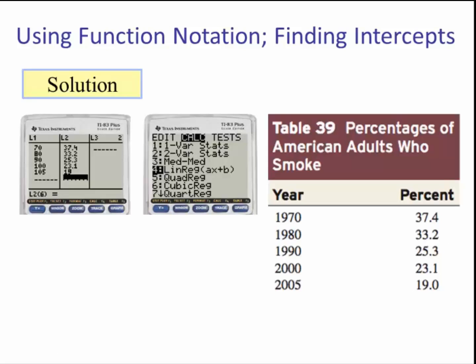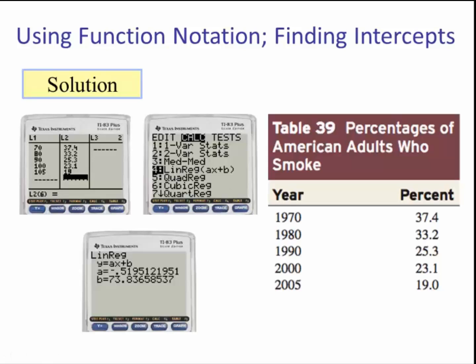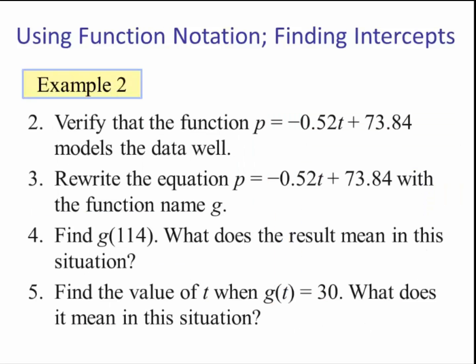Next we hit stat, use the right arrow key to calculate, and then number 4, linear regression. And then we have our line of best fit. So we would say p equals negative 0.52 t plus 73.84, rounded to 2 decimal places.